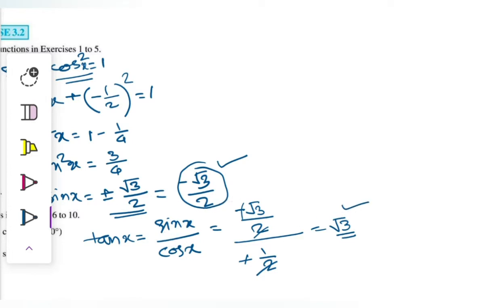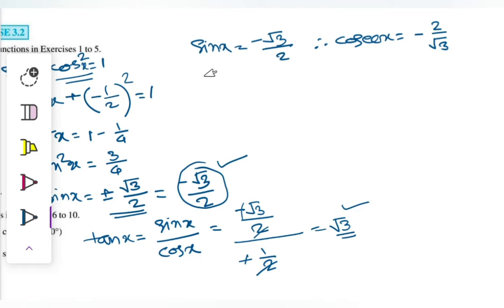The rest are the reciprocals of these functions. We know sin x equals minus root 3 by 2. Therefore cosec x equals minus 2 by root 3. We know that cos x equals minus 1 by 2, which is given to us.